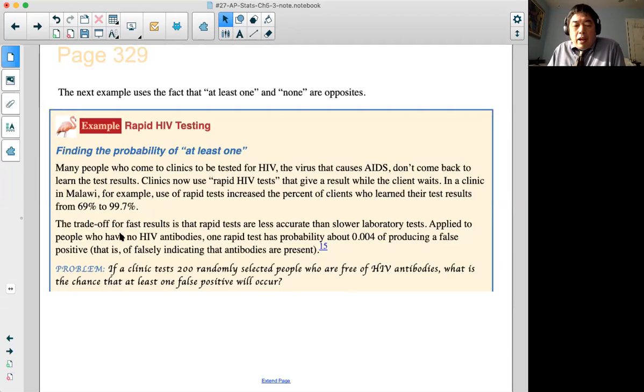Applied to people who have no HIV, one rapid test has a probability of about 0.004% of producing a false positive, right?